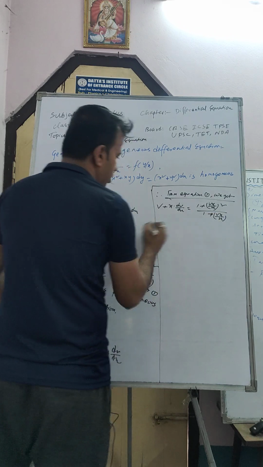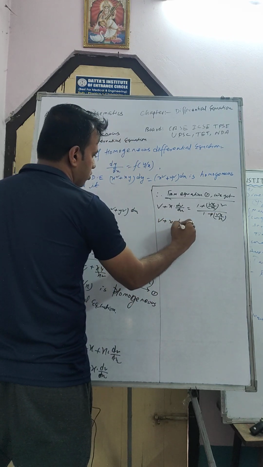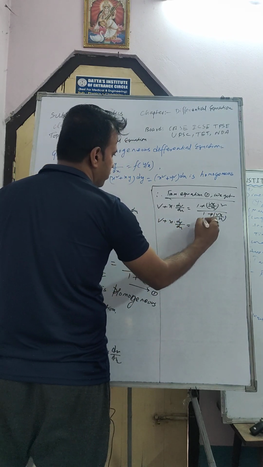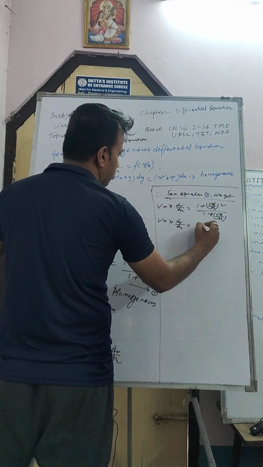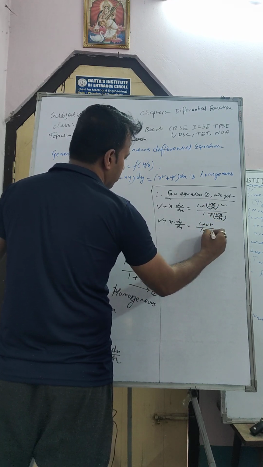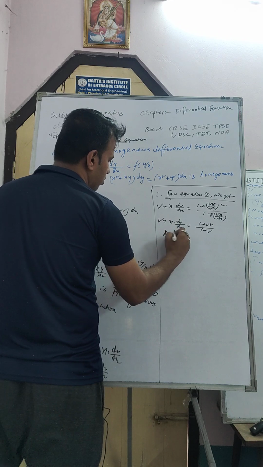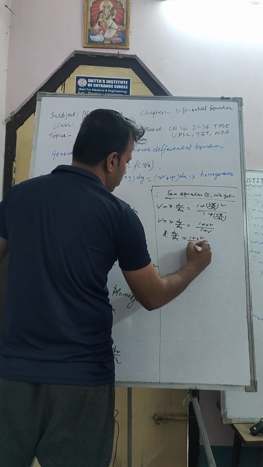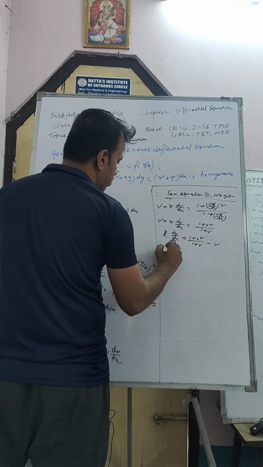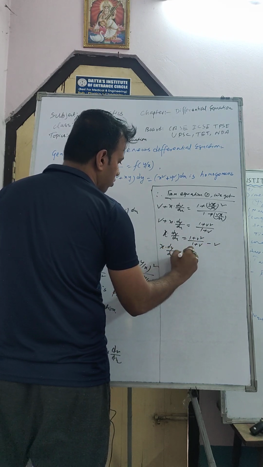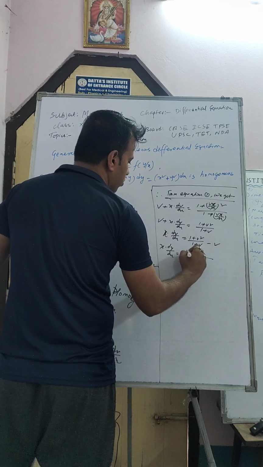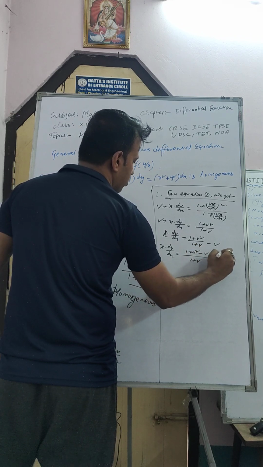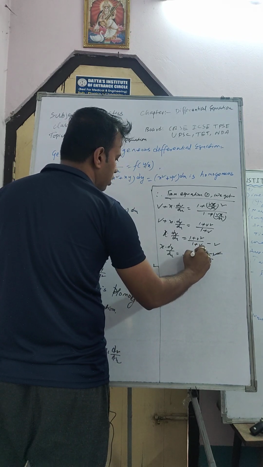Okay, fine. So here it will be x into dv by dx. Here x will be cancelled out, so 1 plus v square by 1 plus v. So x into dv by dx is equal to 1 plus v square by 1 plus v minus v. So x into dv by dx is equal to 1 plus v square minus v square, and this one will be cancelled.